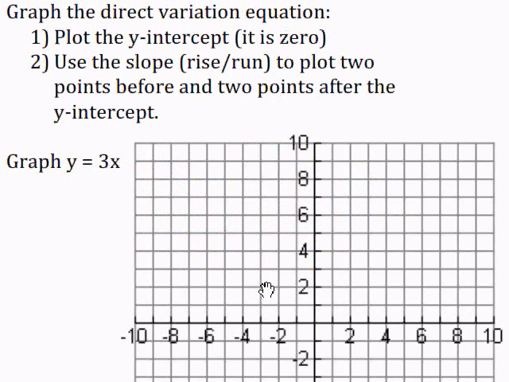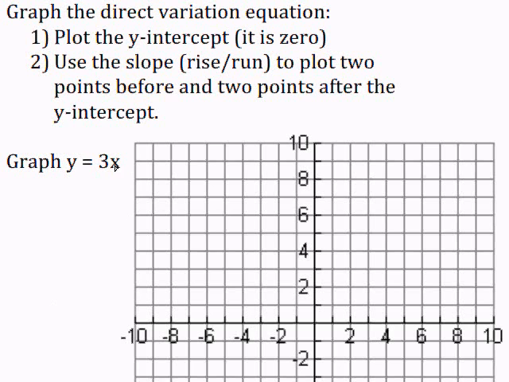Now we're going to take a look at our first objective, which is to graph direct variation equations. Now remember, they're just like graphing slope-intercept form, except your y-intercept is always 0, and then we're going to use our rise over run to plot two more points before and after that y-intercept. So let's take a look.